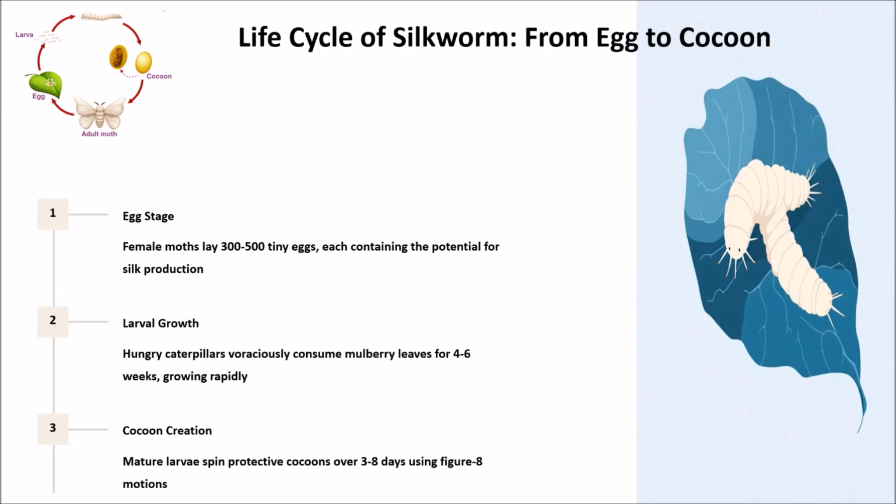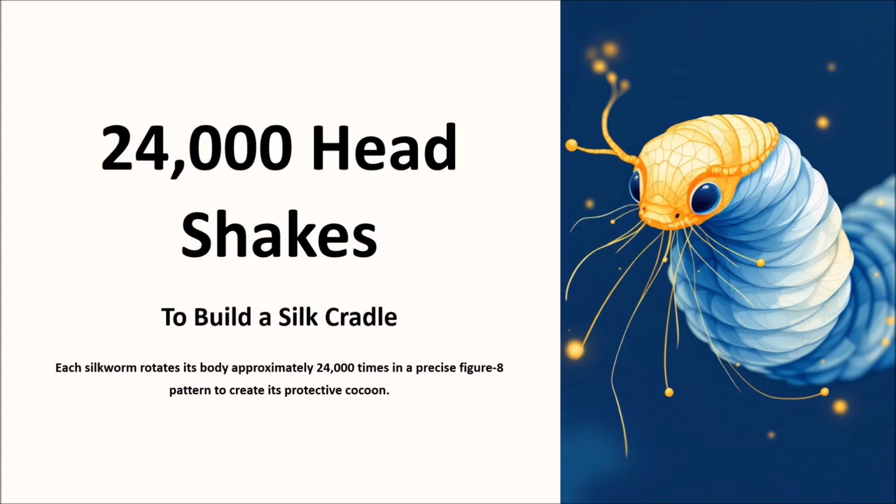Talking about its life cycle, as we were talking about the four-step process, in the egg stage the female moth lays close to 300 to 500 tiny eggs which have the potential of silk production. Then the hungry caterpillars consume mulberry leaves for close to 4 to 6 weeks, where they grow rapidly. Then the cocoon creation happens, where the mature larva will spin a protective cocoon in a figure eight motion.